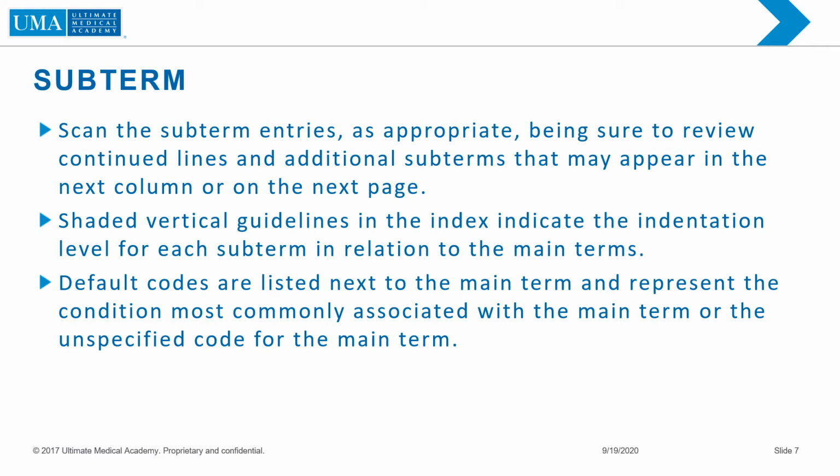Once you find that main term, you want to scan the subterms, which are sub-entries, and be sure to review all the continued lines and additional subterms that may appear in the next column or the next page.